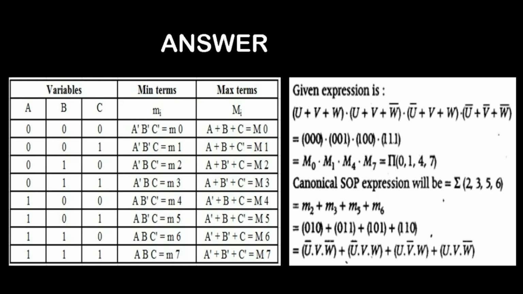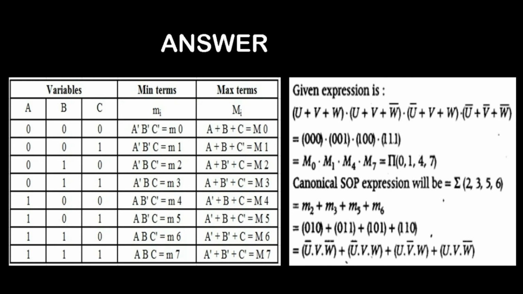Now we will move on to the question. The given expression is U plus V plus W, U plus V plus W dash, U dash plus V plus W, U dash plus V dash plus W dash. This is the question, and I am going to take the equivalent max terms now.